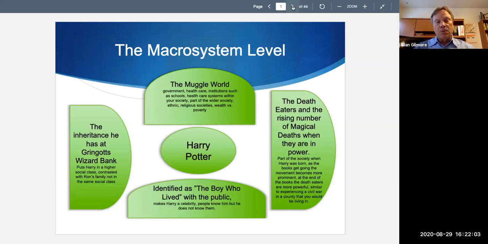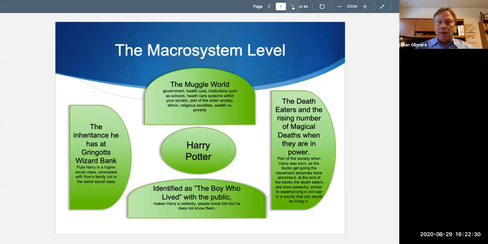He's identified as the boy who lived with the public, and it has made him a celebrity. He has money. He has an inheritance that is at a bank, and that sort of puts him in a higher social class, maybe than Ron's family, who are more middle class or lower middle class. And there's also all the magical pieces that kind of come with Harry.